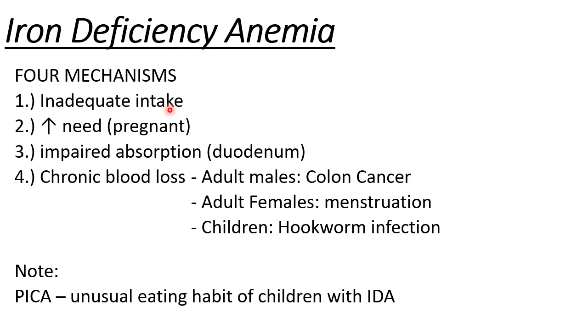Hindi yung diet niya is poor in iron. Okay? Number 2, there's an increased need, lalong-lalo na sa mga pregnant women, no? Kasi dalawa ang kailangan ng dito yung iron mag-double duty, kumbaga, no? Kasi kailangan din niya mag-distribute ng oxygen towards the baby.